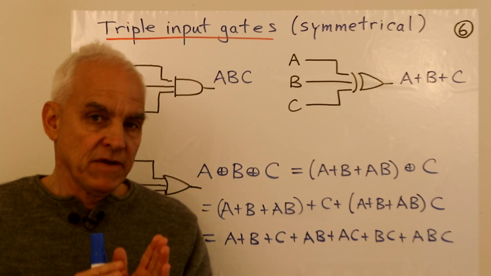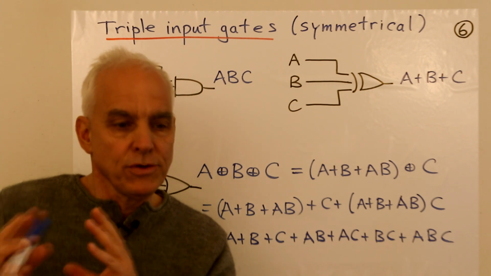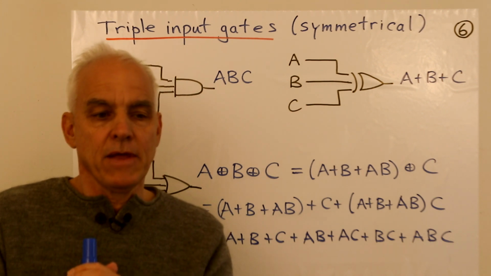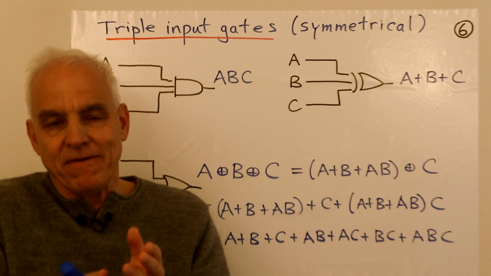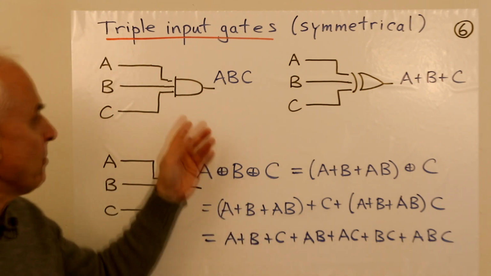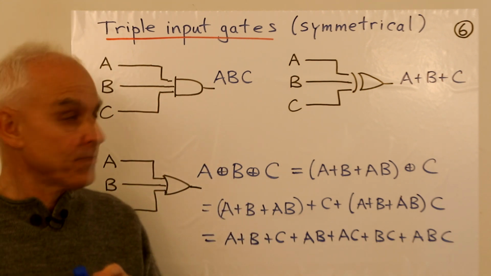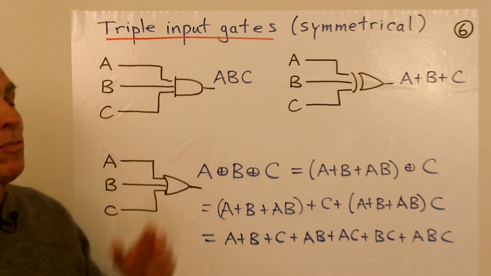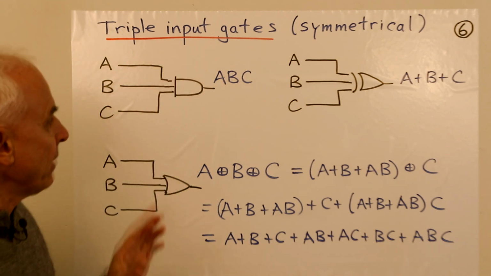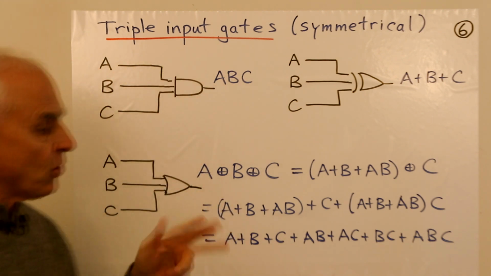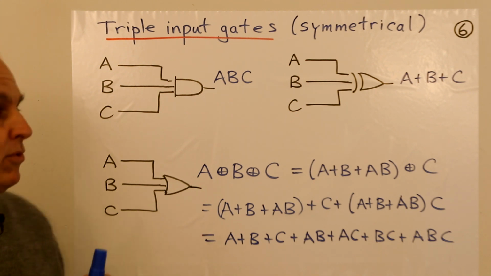So sometimes it's convenient to use that identity that we've just had a look at and to introduce a variant of the gate allowing more than two inputs to it. So we could call these sort of triple input gates, okay? And we want them to be symmetrical so that they still don't depend on the order of the inputs.